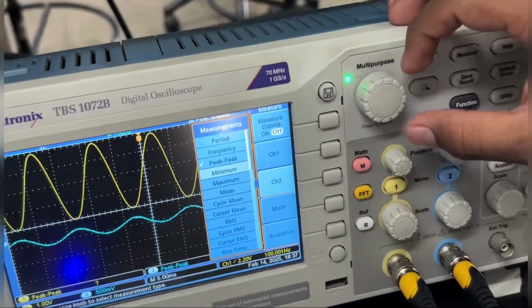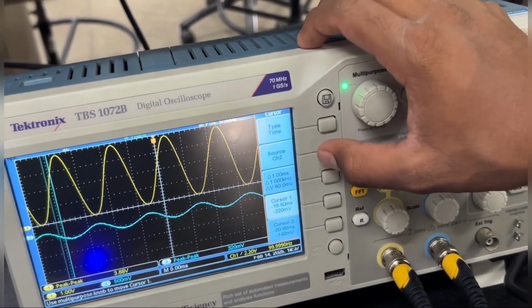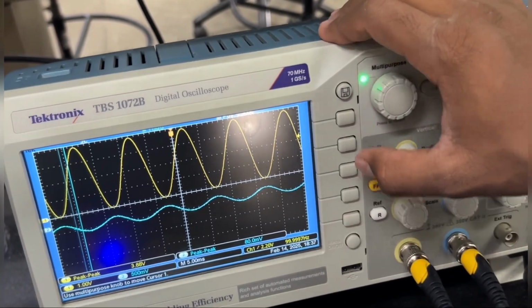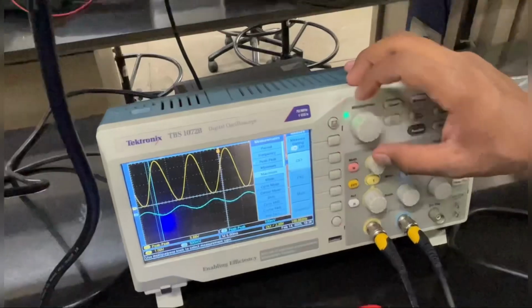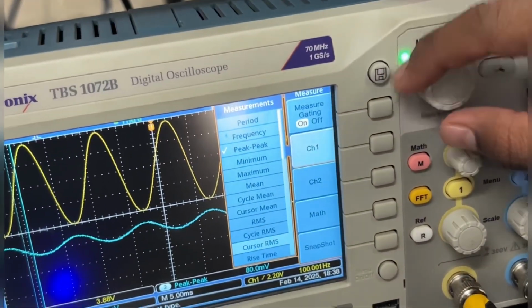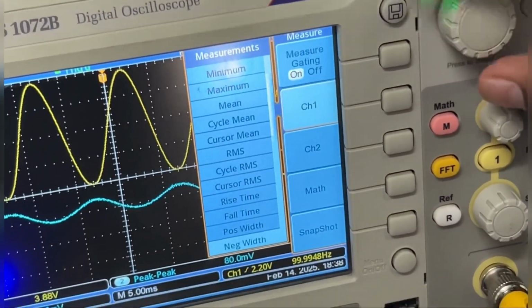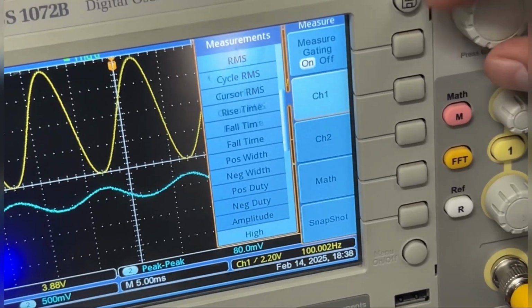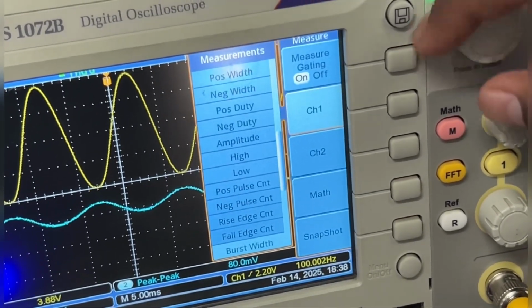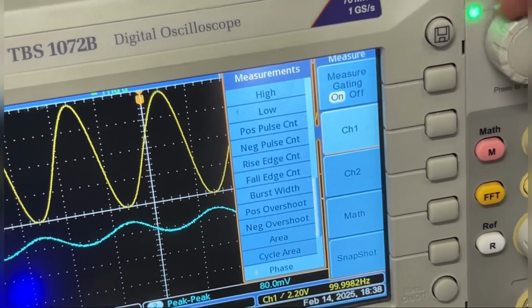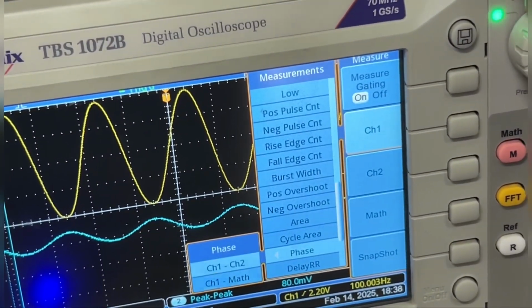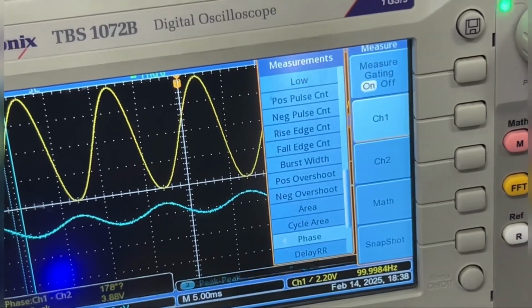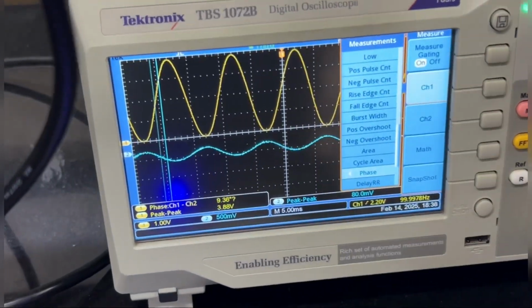It was available here, and again we are expected to note the phase difference between channel 1 and channel 2. Here is the phase, and we have to select the phase difference between channel 1 minus channel 2, and we can see it here.